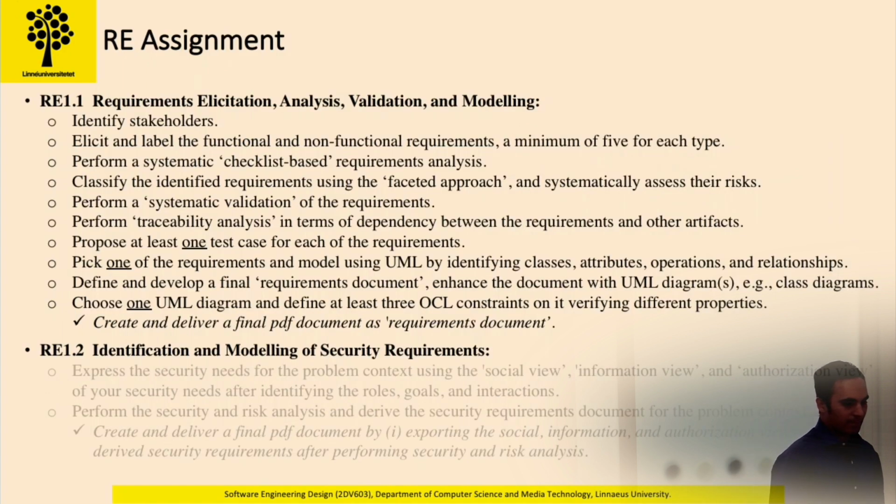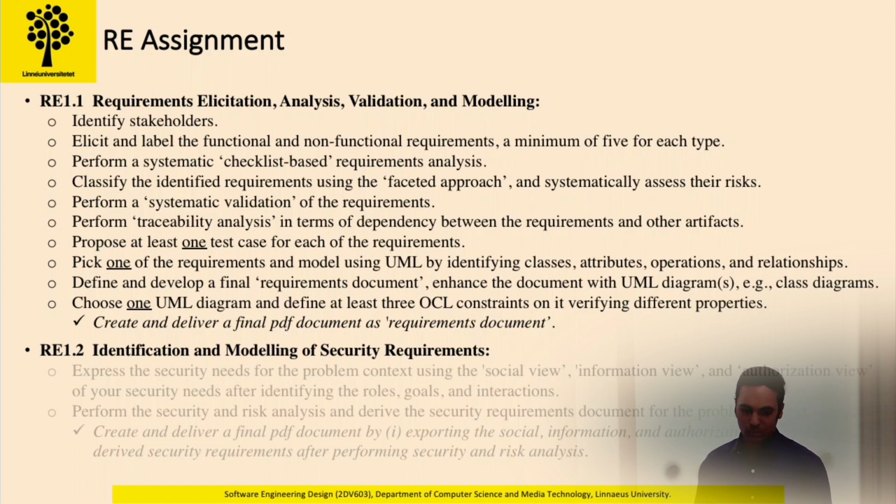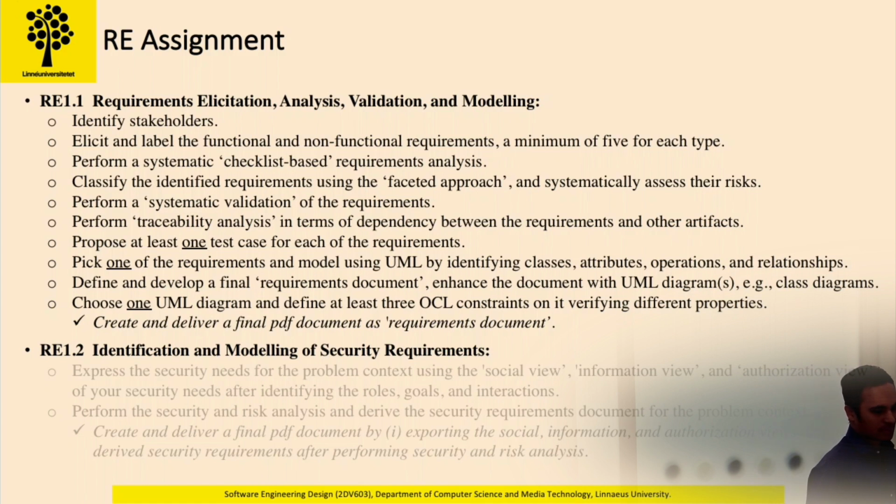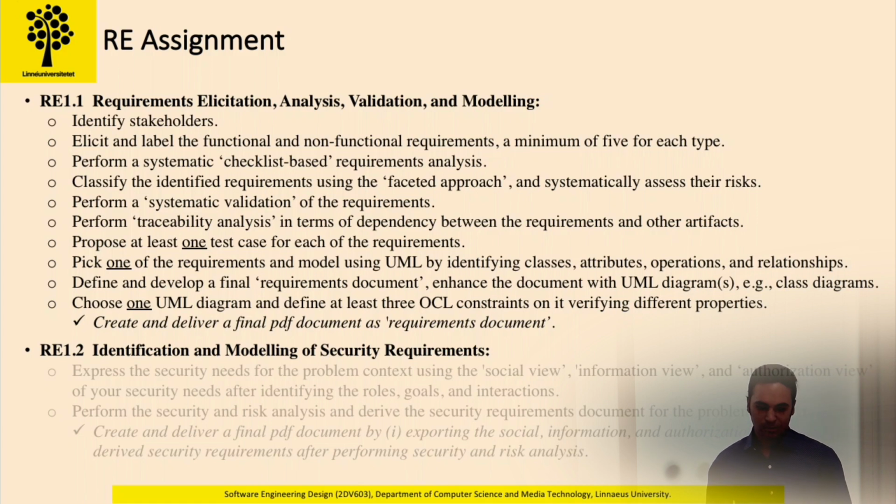Regarding the assignment, the assignment will have 2 parts. In the first part, you will apply whatever we have learned in lecture 1 and lecture 2. So it's about requirements elicitation, analysis, validation, and modeling. And in the second part, we will focus mostly on today's lecture, but I will come to this later.